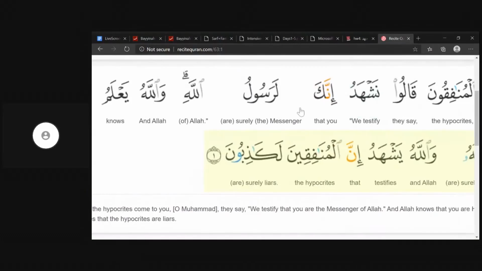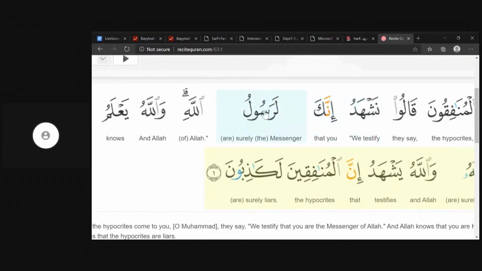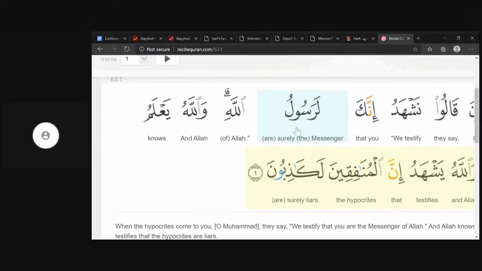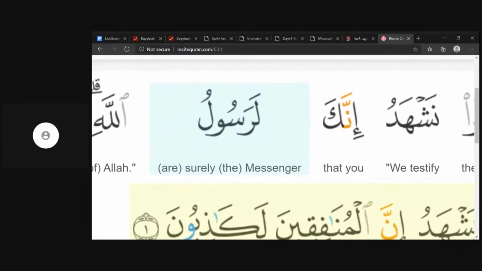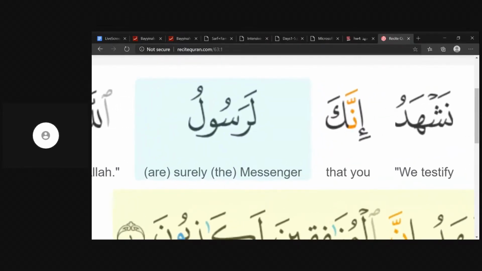So why is Rasulu here Rafa'? An easy thing to remember, one of our shortcuts to find the invisible is was after harf of nasab and its ism, right? And the reason for that is because harf of nasab very often will start a new sentence.